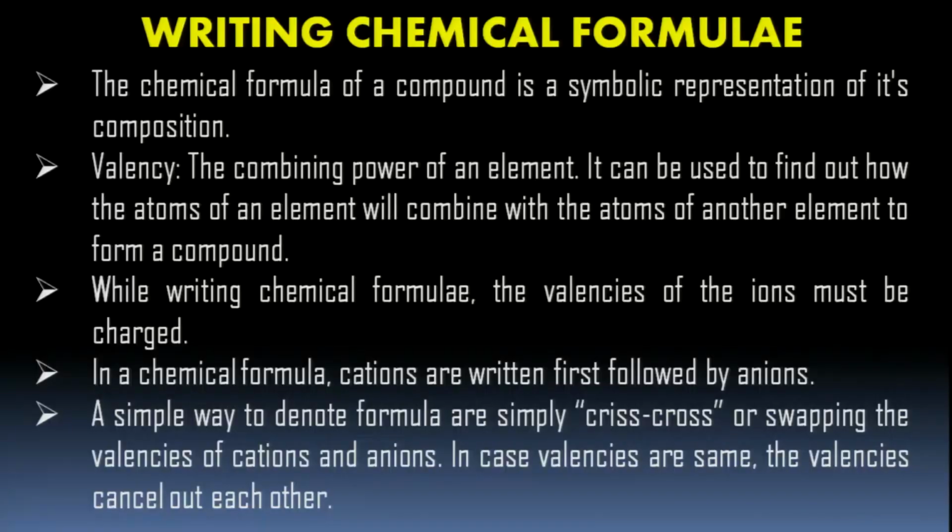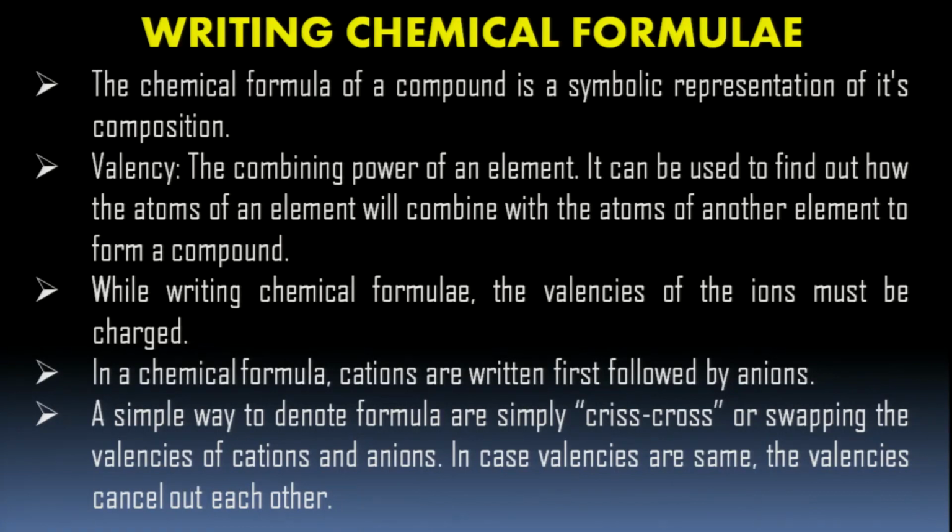While writing a chemical formula, the valencies of the ions must be charged. Either they have positive valencies or they have negative valencies. Okay, children? In a chemical formula, cations are written first, followed by anions. Generally, metals are the cations and non-metals are the anions.